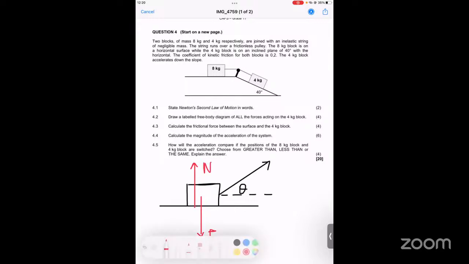And then the applied force has two components. It will have this component going up, which is F sin of the angle, and then we'll also have this one in that direction, F cos of the angle. I'm not sure if you agree with me on this one.